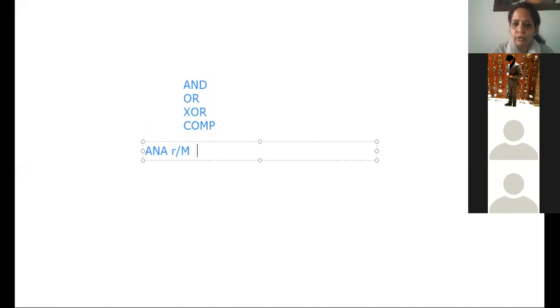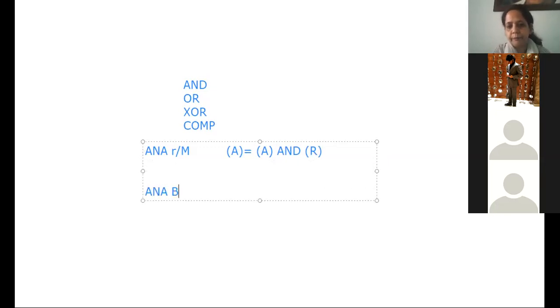The answer will again be stored in the accumulator. Whenever I am using the round bracket, that means it is the contents of that particular register. So the contents of A will be ANDed with the contents of the register or memory. Now suppose I say ANA B.